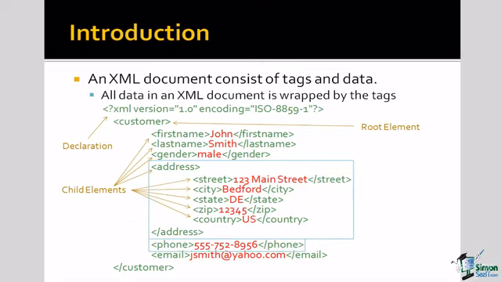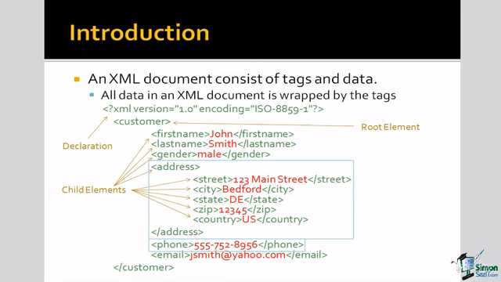We'll talk more about the declaration, but in this case, the declaration tells whomever is reading this document that the document consists of data that's encoded using XML version 1.0, and that the encoding uses the character set ISO 8859-1. So this is the first line, even before white space, within our XML document.